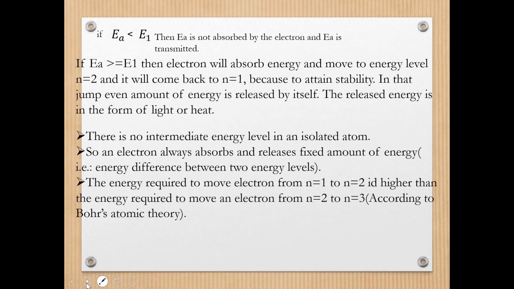Sorry, the energy required to move an electron from n equals 1 to n equals 2 is higher than the energy required to move an electron from n equals 2 to n equals 3. This is according to Bohr's atomic theory, and I explained it with the diagrams.